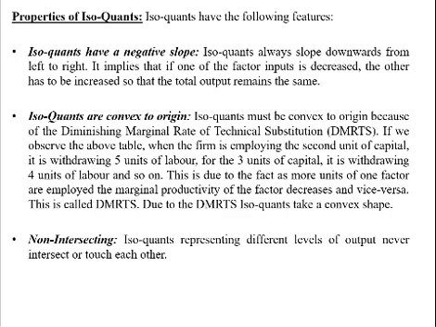Isoquants must be convex to origin because of the diminishing marginal rate of technical substitution, DMRTS. If you observe the above table, when the firm is employing the second unit of capital, it is withdrawing 5 units of labor, for the 3 units of capital it is withdrawing 4 units of labor and so on. This is due to the fact that as more units of one factor are employed, the marginal productivity of the factor decreases.